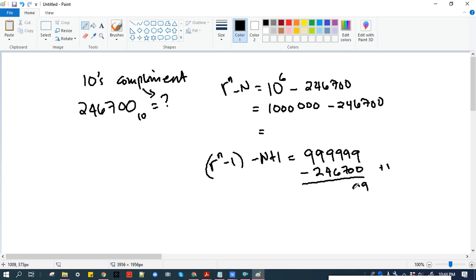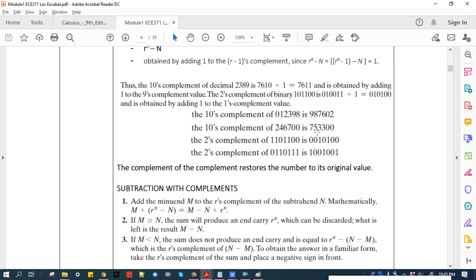So 753,299, then we add 1. So the answer is 753,300, which is correct.